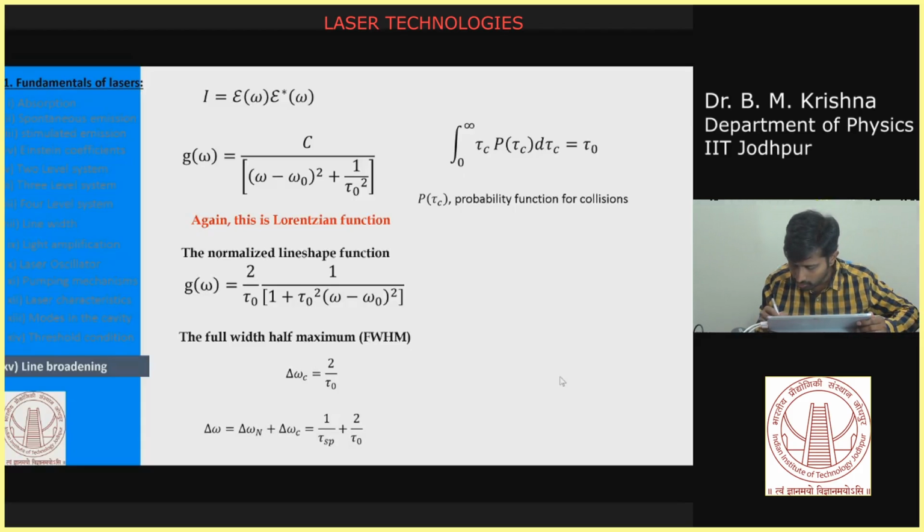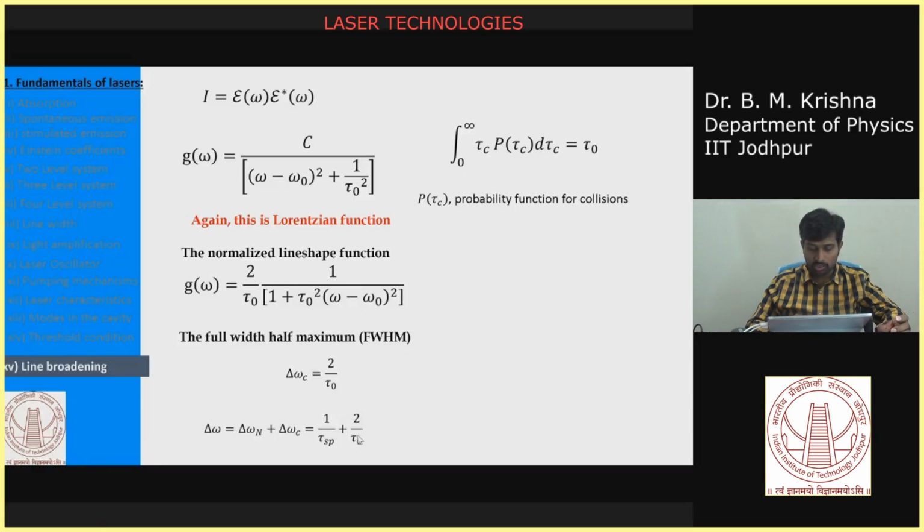This is due to spontaneous emission plus collision broadening.